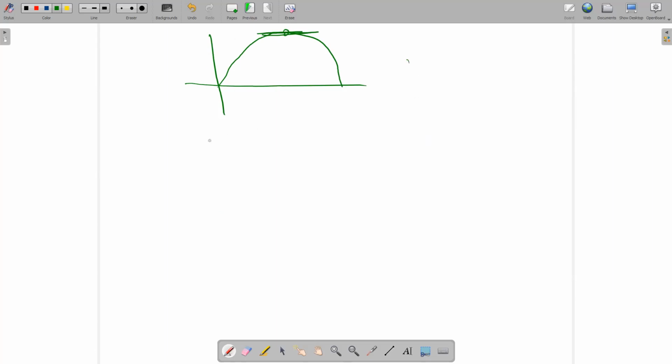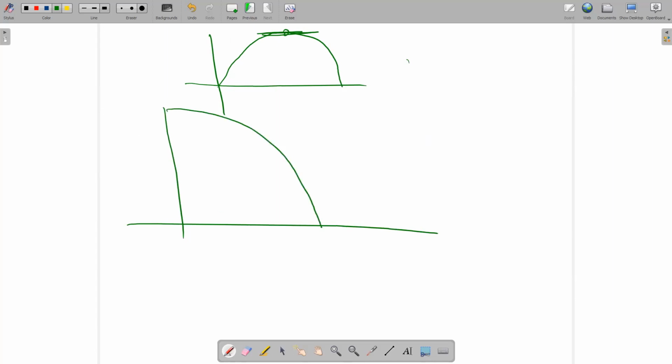If the body is falling from a tower or some other place, it will move like this. But we have two balls, one ball is here and one ball is here. This ball is going in this direction, but this ball is going straight down.